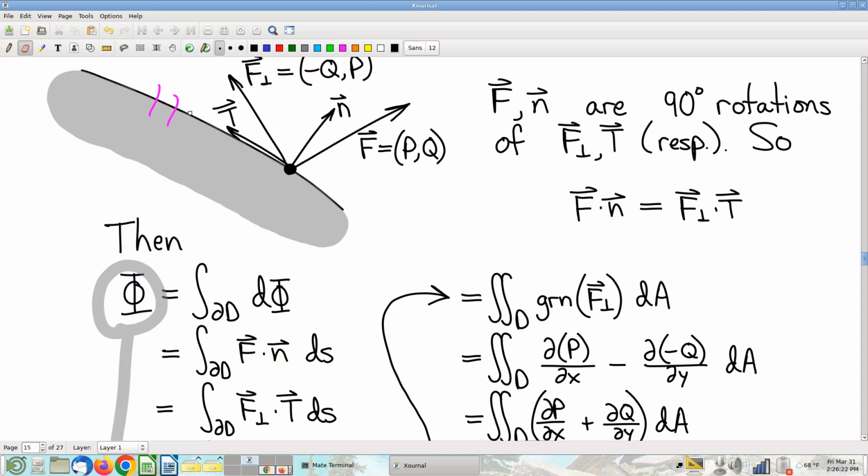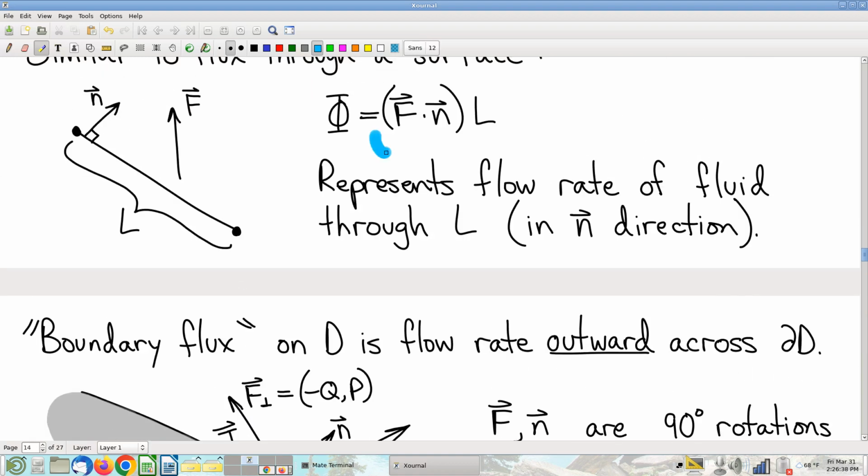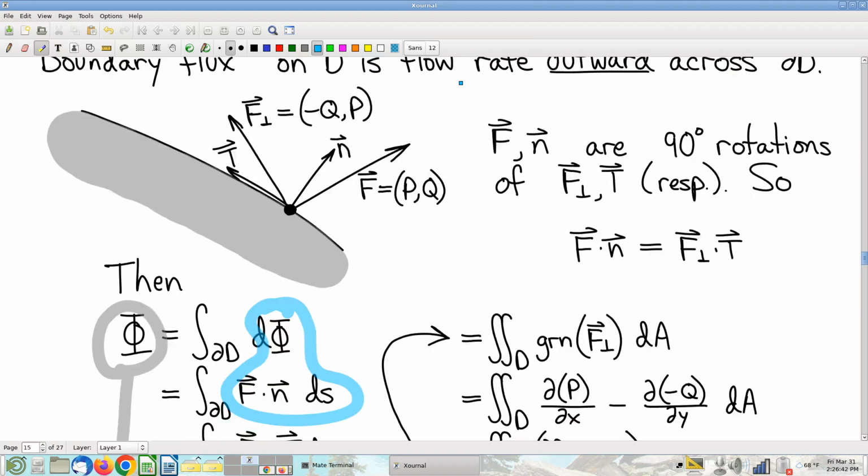I already know how to compute flux on each little piece. On each little piece, it's approximately straight. The normal vector's therefore approximately constant, and the vector field's approximately constant. I just use this formula up here: F dot N times length, length big dS, of course.